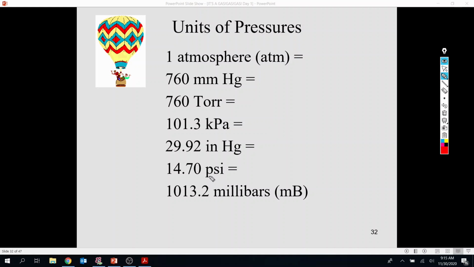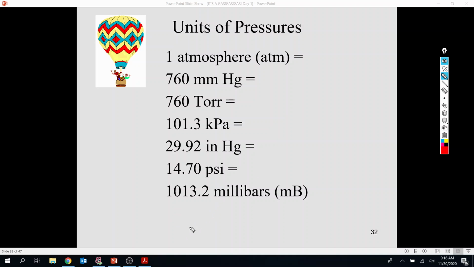And so if you think about that in terms of most of our car tires are around 30 to 35 psi, and so that would be slightly more than 2 atmospheres of internal pressure. And 1013 millibars. All right, so there are some units of pressure.